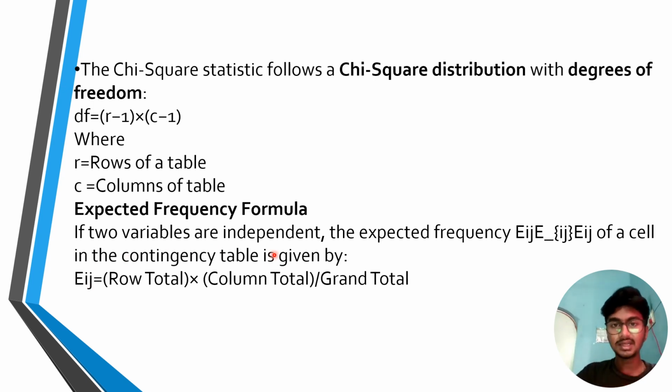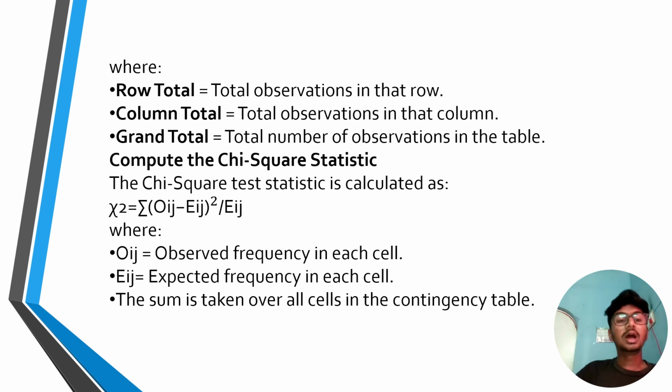If two variables are independent, the expected frequency Eij of a cell in a contingency table is given by Eij equals row total into column total by grand total, where row total is the total observations in that row, column total is the total observations in that column, and grand total is the total number of observations in the table.